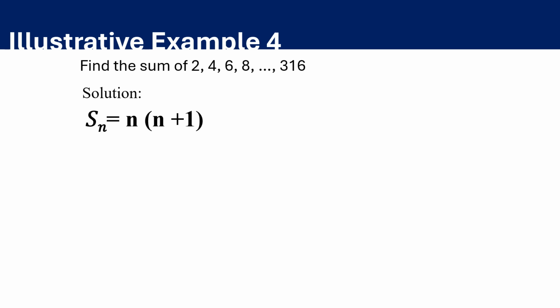This again is used when the sequence is even numbers. Again, the other one a while ago is for odd numbers only, and this one is for even numbers only. Okay? Pero if you are given a sequence that's not odd numbers or not even numbers, then use the first two formulas we've mentioned a while ago.